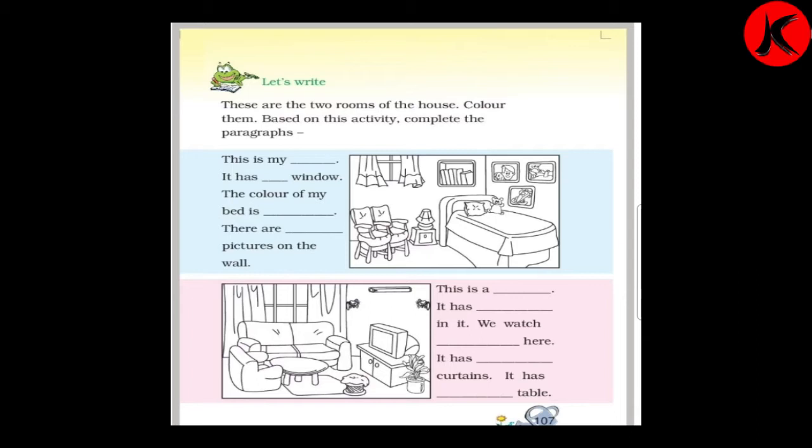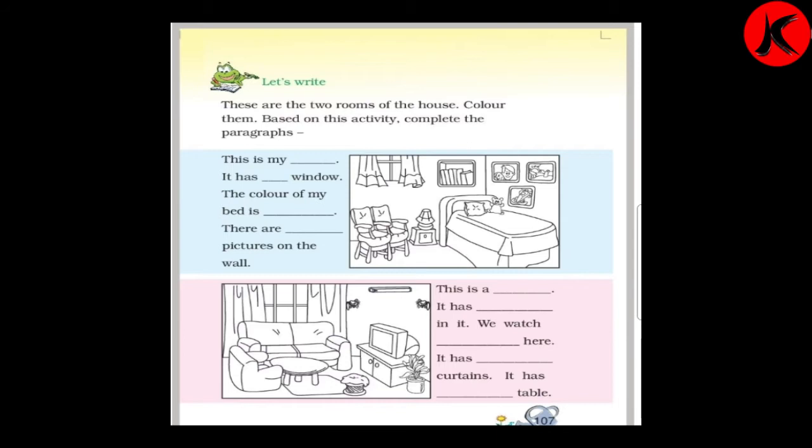Now you can see in this room how many windows we can see? Only one. So we will write O-N-E, 1. The color of my bed is, now you have to complete this.